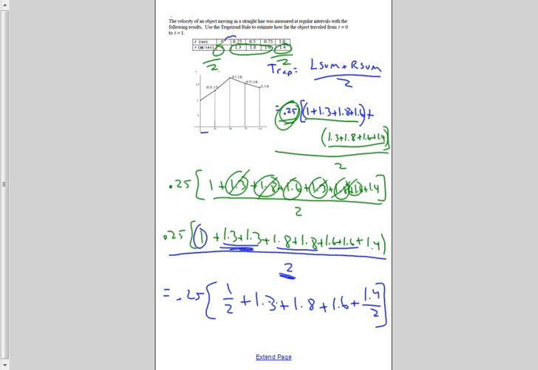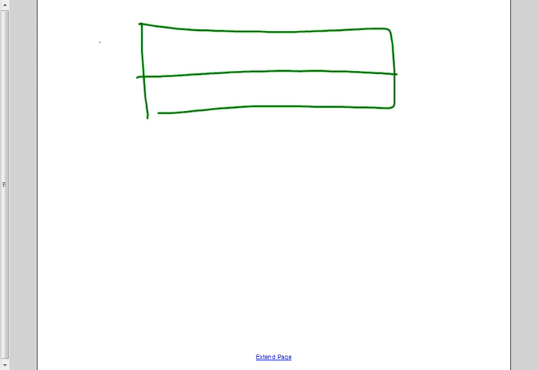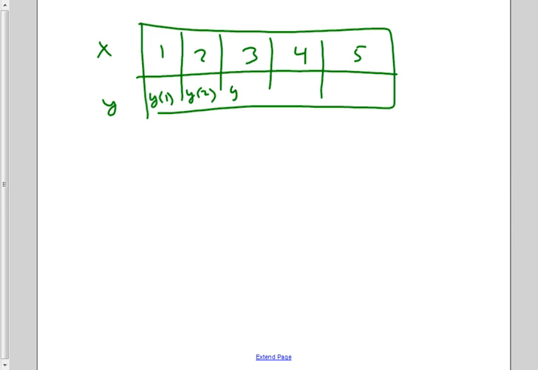And that comes from thinking about the average of the left bound and the right bound. So to summarize that, let's say that I have the following points, 1, 2, 3, 4, 5, and y of 1, y of 2, y of 3, y of 4, y of 5.